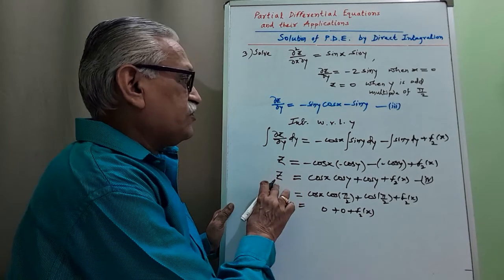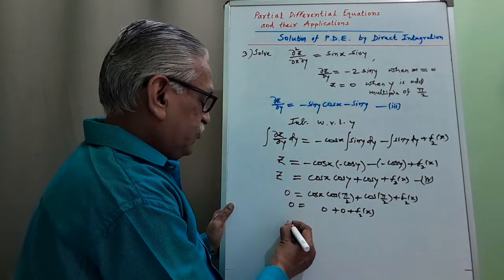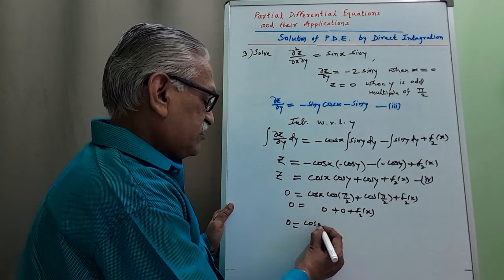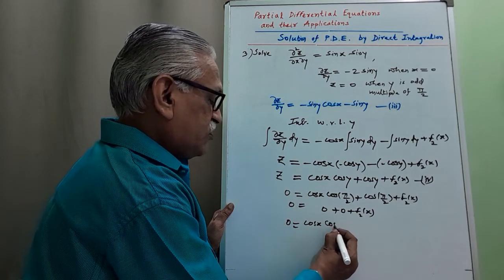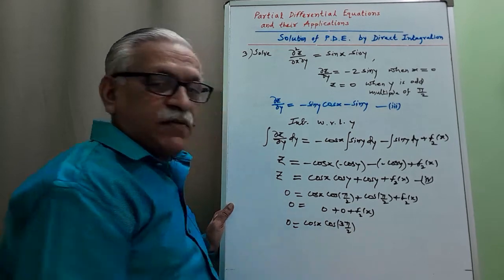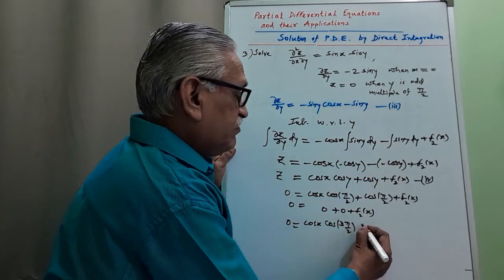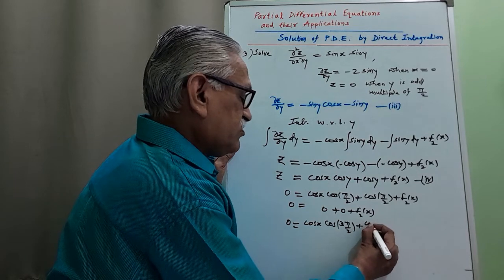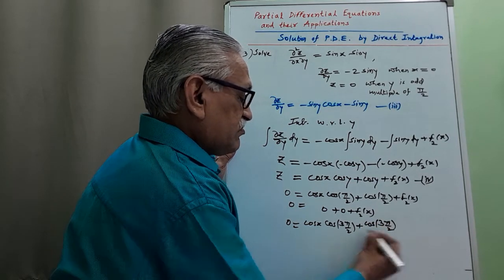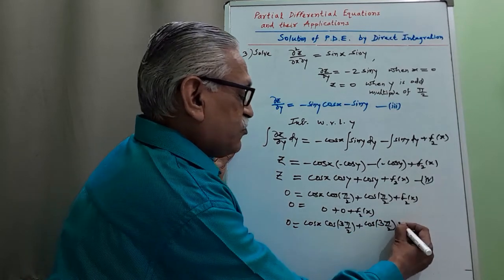And for y is equal to 3 pi by 2, once again the value of z is 0. Therefore 0 is equal to cos x into cos of 3 pi by 2, odd multiple of pi by 2, plus cos of 3 pi by 2 and plus f2 of x.